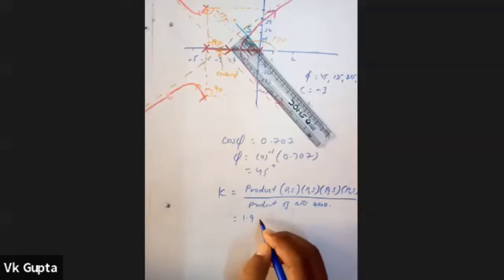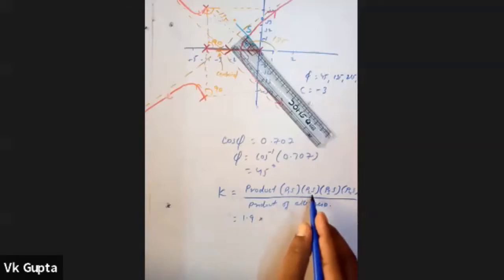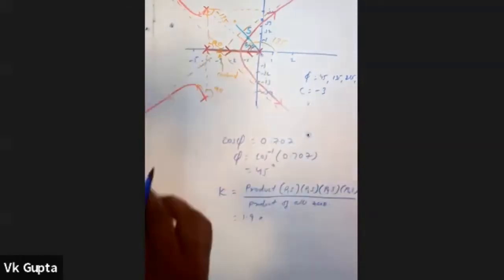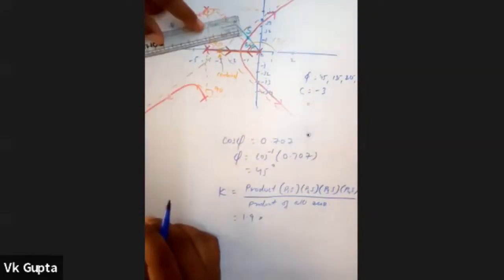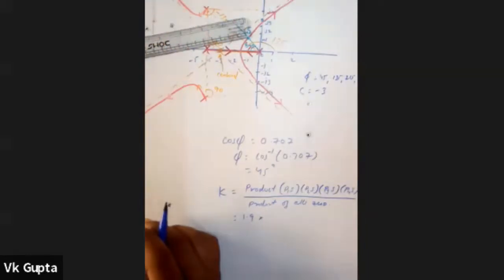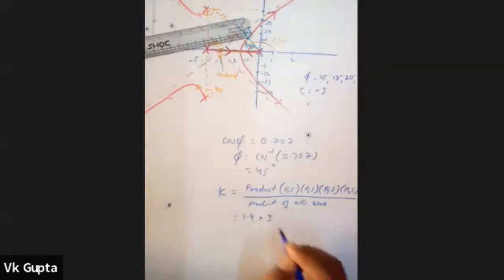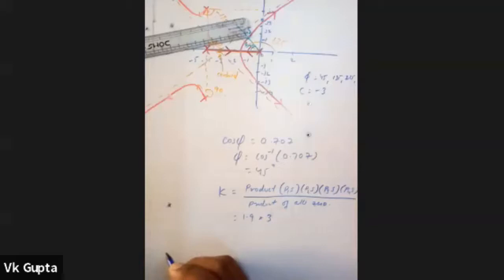Next, P2S. This is my P2 and S. Let us measure the distance between P2 and S. It is 3 centimeter.